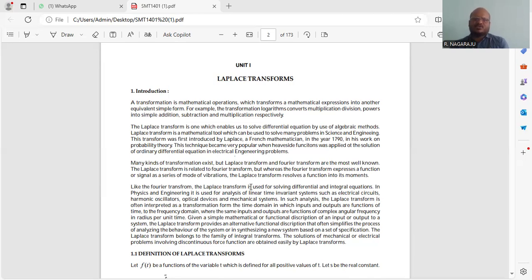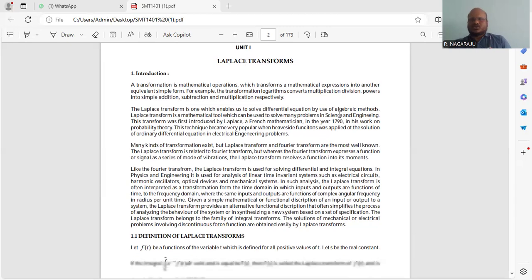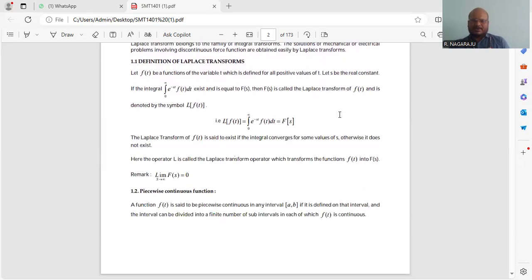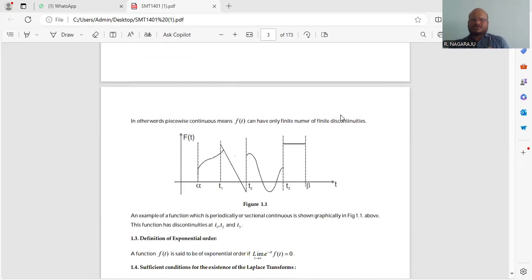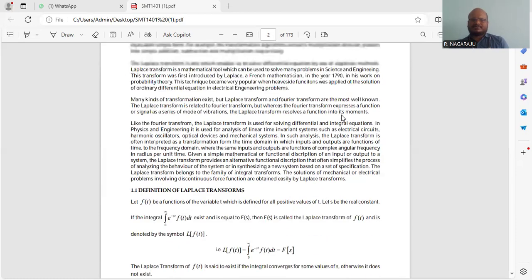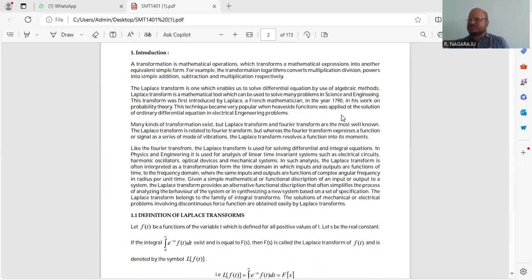It is a mathematical tool, an expression in another equivalent and simple form. So this is our topic today, Laplace transformation. Once again, I will repeat that. Laplace transformation you can use in science and technology because integration problems we can't do in a proper way. So using the Laplace transformation, you will get a very simple way.